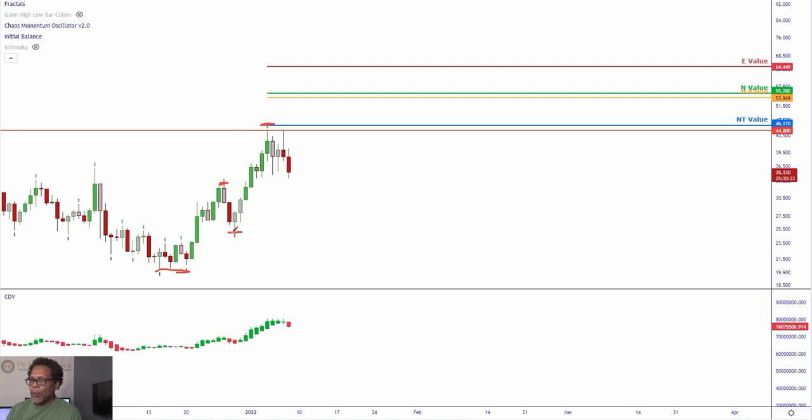Then we got a low here with a low here. So when we had these three points, 1, 2, 3, we were able to find the 4 target. Now we're at the 1, 2, 3, and we're trying to find the 4 target.